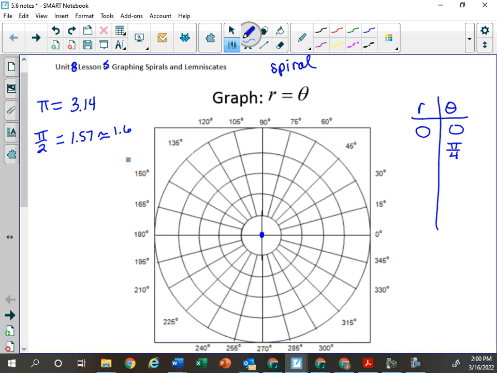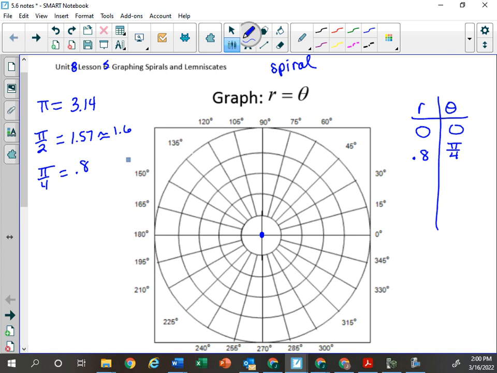We're just estimating. What is that going to make pi over 4? 0.8. I'll just do the 1.6, half of that, which is 0.8. That's easier, okay. So pi over 4 gives me a radius that is 0.8.